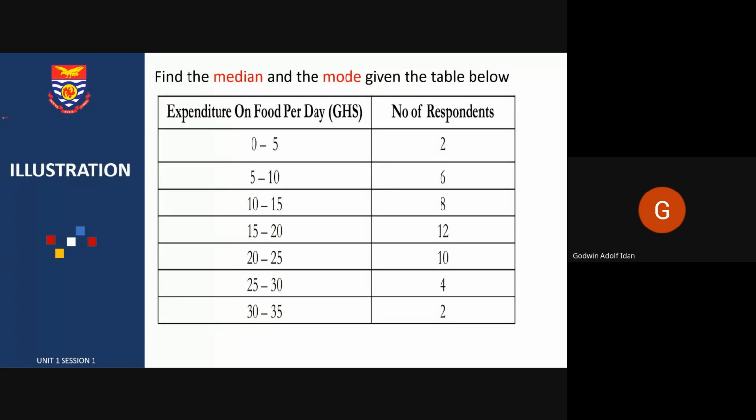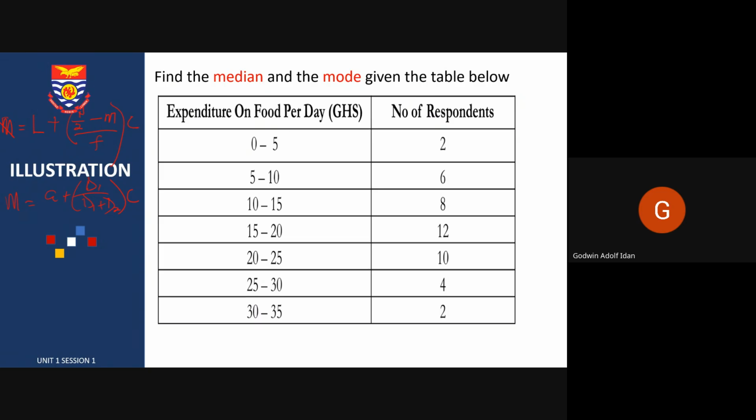For the median, we compute using L plus, open brackets, n over 2 minus m, divided by the frequency, multiplying our c. And for the mode, we have a plus, bracket open, d1 over d1 plus d2, multiplying our c.